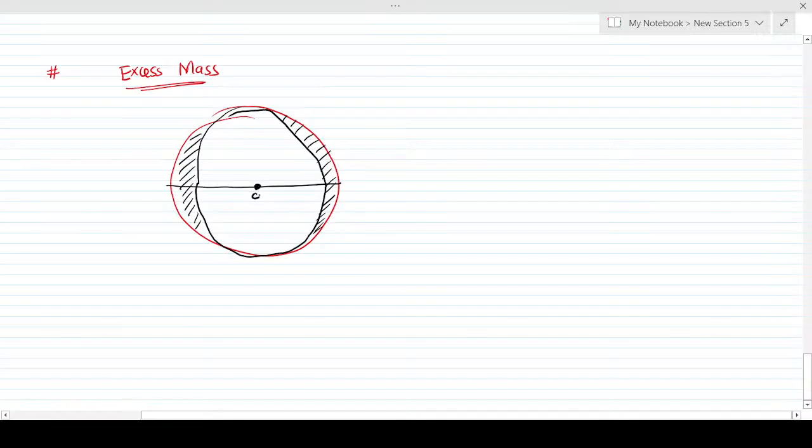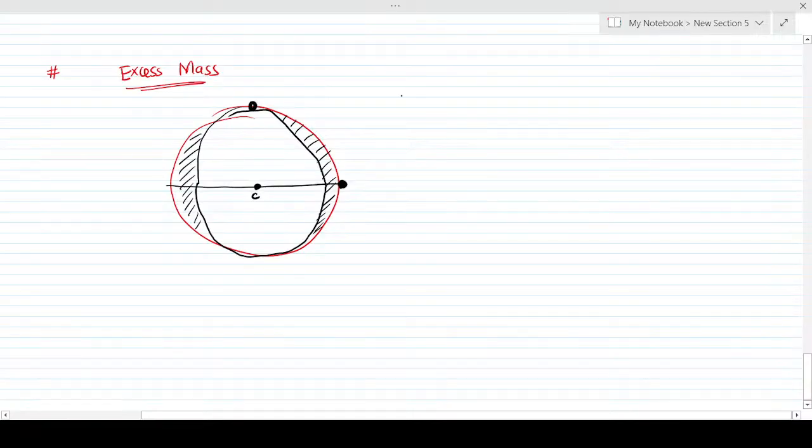This is the center. If there is an object here, and an object here, and you look at the equator, there is excess mass at the equator. So a greater mass of the Earth is at the equator, at this side. Then as you move towards the pole, the greater mass of the Earth diminishes.